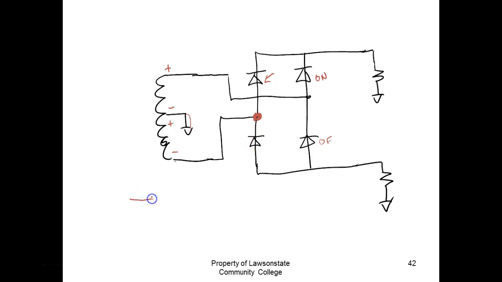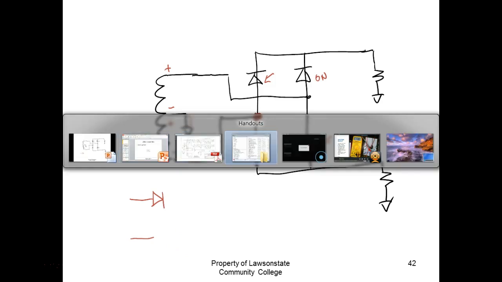Okay, so this is what I want you to see. I want you to see this. Okay, so here comes in the AC right here. No, I need to go back and look. Something's not working out in my head.